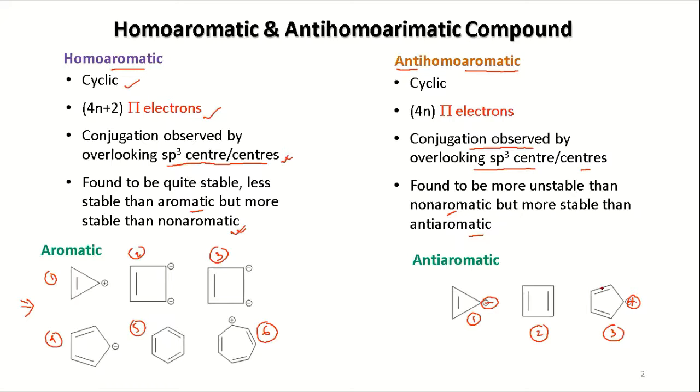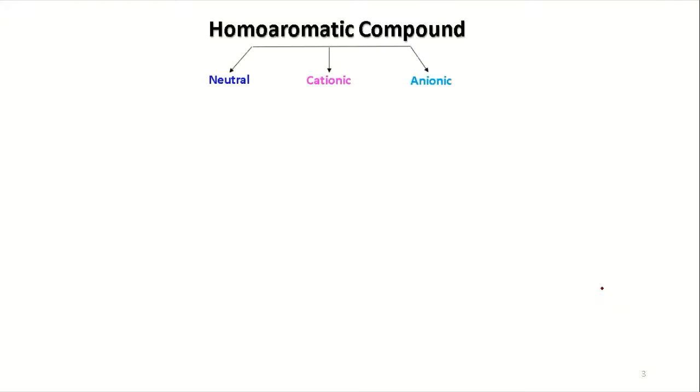Now let us look at the different variations of homoaromatic compounds. We find homoaromatic compounds in three categories. You have the neutral molecule, you can have the cationic, and you can have the anionic. There are three types of this molecule we find.